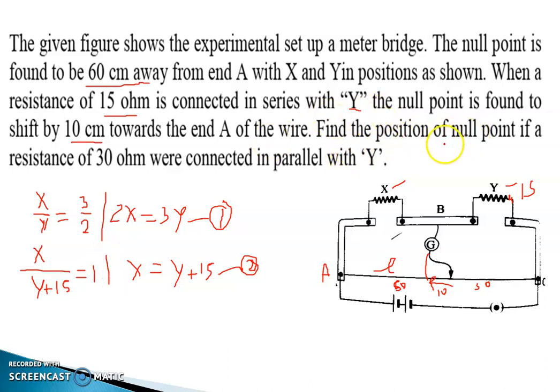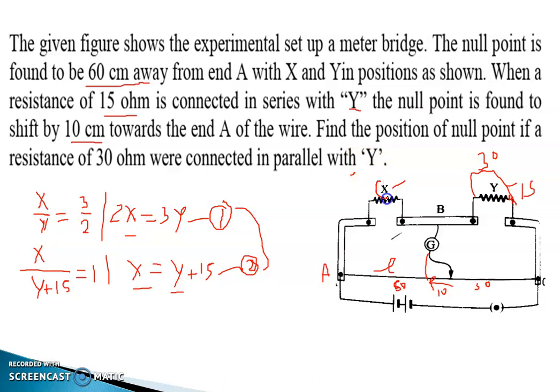Now find the position of the null point if 30 ohm were connected in parallel to Y. If we connect 30 ohm in parallel with Y, removing the 15, where will the null point be found? So first of all, what do we have to do?